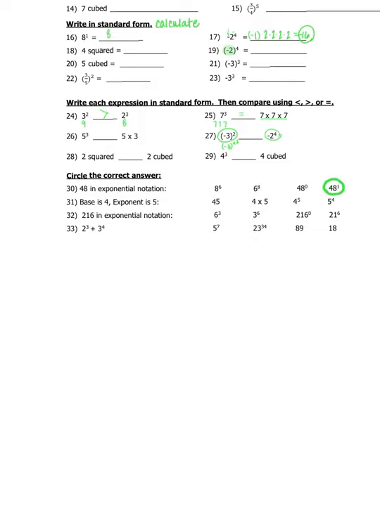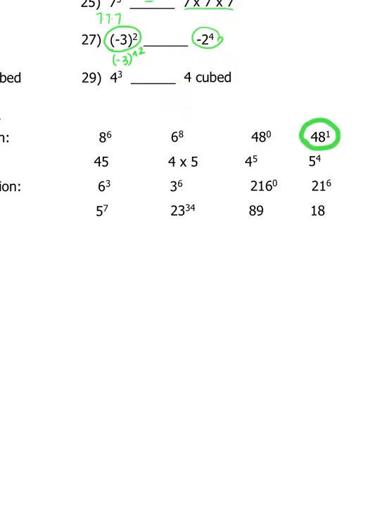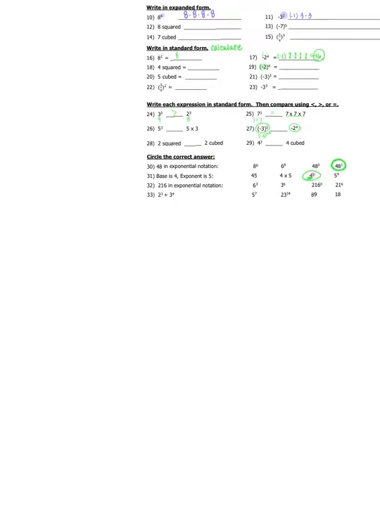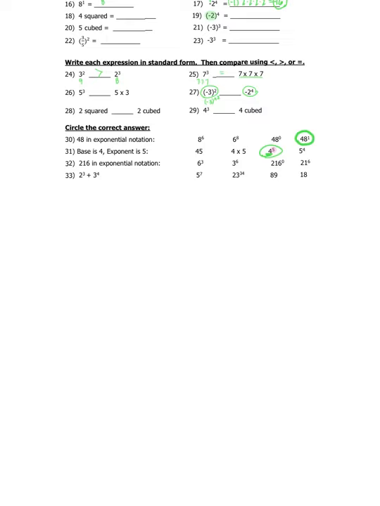The exponent is 5. Well, which one of these has a base of 4 and an exponent of 5? Remember, the base is the big number and the exponent is the little number. So this one here would be a base of 4 with an exponent of 5.